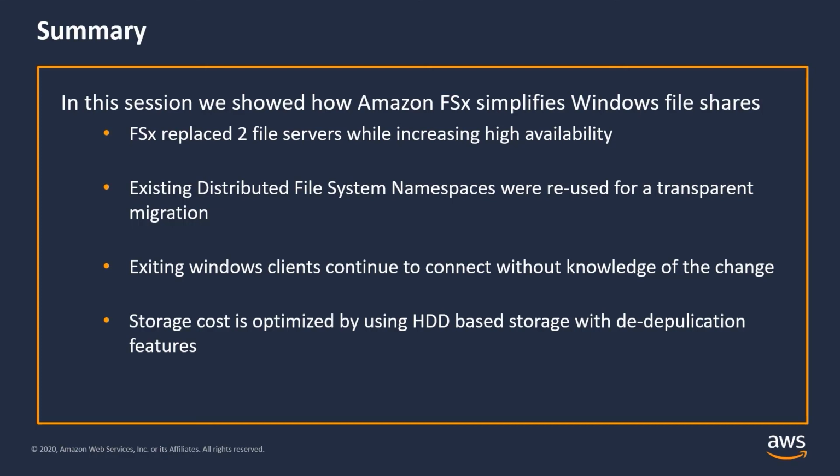Then, we reused their existing namespace for a transparent migration from a user standpoint. Additionally, CNAMEs were migrated over to the new FSx shares, which allowed any applications or clients to continue accessing without any configuration changes. Lastly, by understanding the usage profile of the shares, cost was optimized through the use of hard drive-based storage. And then additionally, we were able to save on storage used by using deduplication and user quotas.